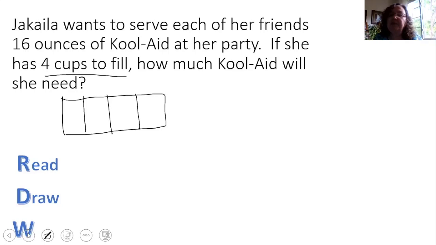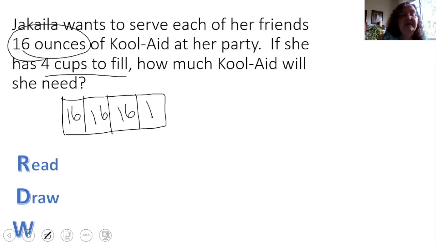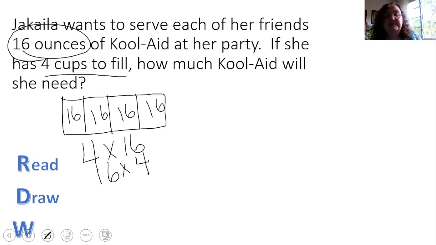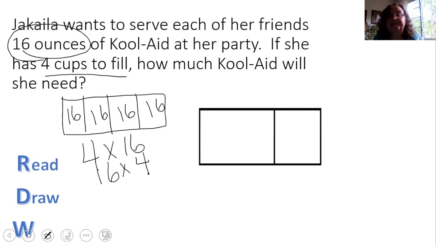And how much is she putting in each of those cups? 16 ounces. So I know it's 16, 16, 16, and 16. What multiplication sentence does this make you think of? Did you say 4 groups of 16? Or if you wrote the inverse, 16 times 4? Same thing.